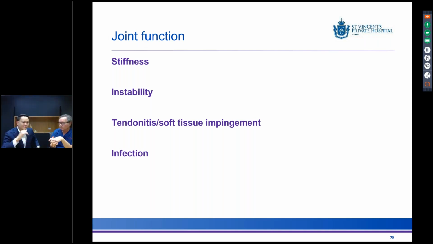Yeah, I've seen something. Well, they presented to me much later after having surgery elsewhere, but from what they described, they'd had a cruciate retaining type of knee replacement. Everything was going well. Subsequently, they had a stumble and a fall, and then there was increased pain after that.